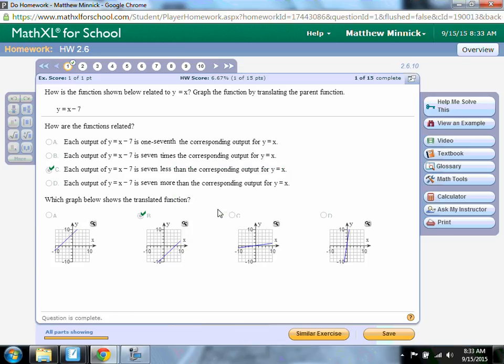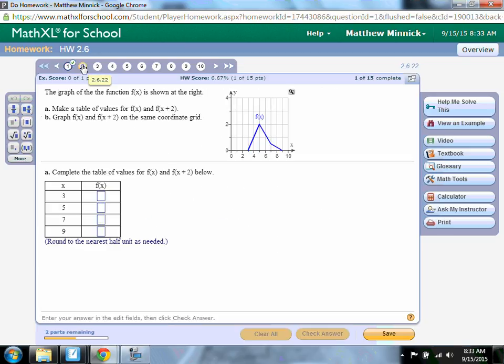All right. Moving right along to number 2. So they've got this function. They want to know when x is 3, what's y? When x is 3, it looks like y is 1. And when x is 5, it looks like y is 2. And when x is 7, it looks like y is a half.